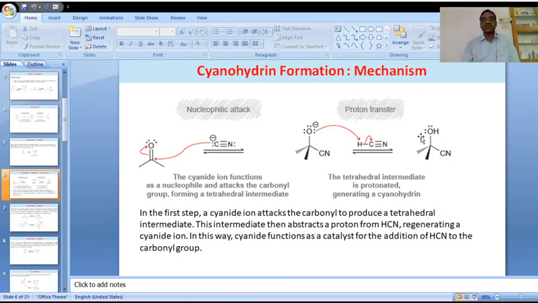The tetrahedral intermediate is protonated, generating a cyanohydrin. Is it clear? This is the clear-cut mechanism of the cyanohydrin formation reaction.